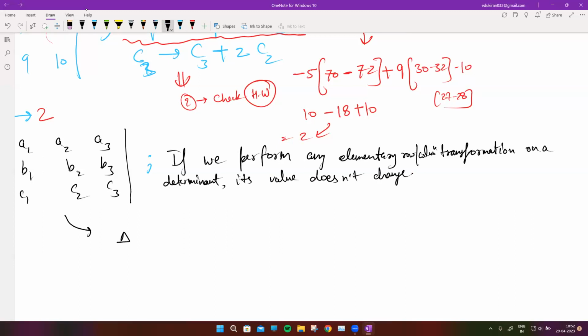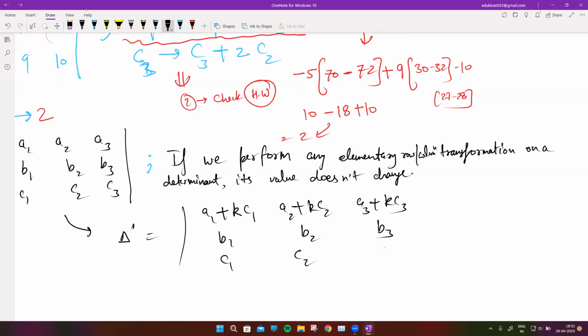So let's say we have written a delta dash, which is some this. Can you tell me how I obtained delta dash from delta?